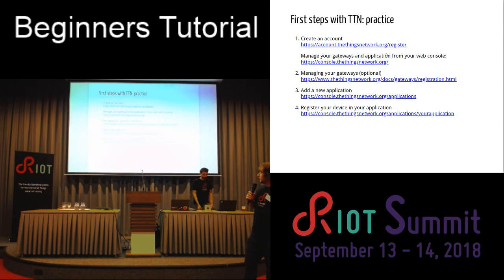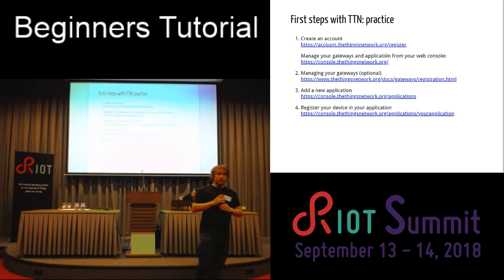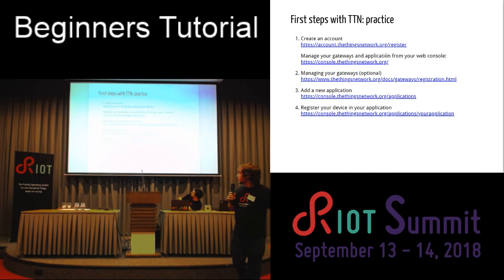And after creating an account, you should add an application that will be the one we will be using for this tutorial. And also, you need to add a device to the application, because all nodes have to be directly registered in the application in order to get the keys for joining the LoRaWAN network.